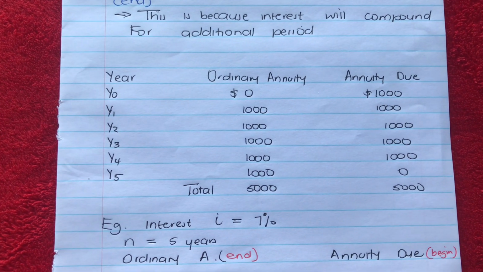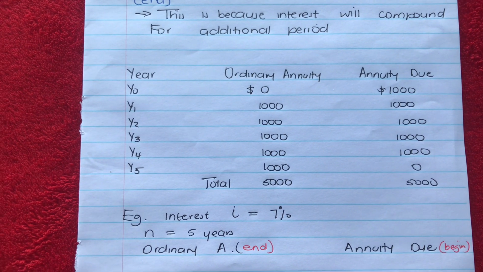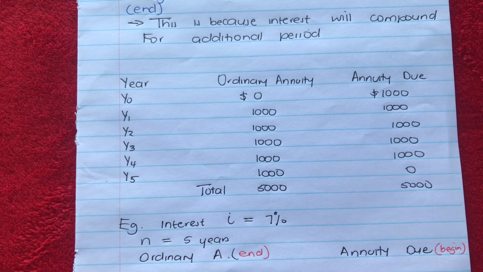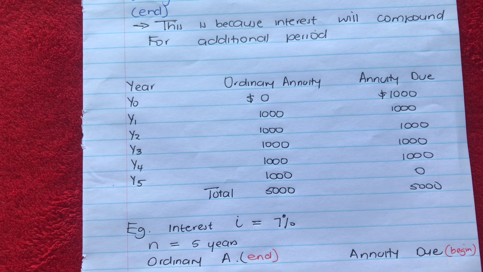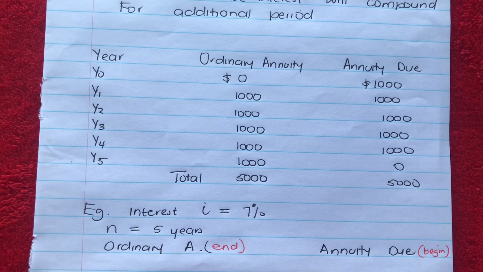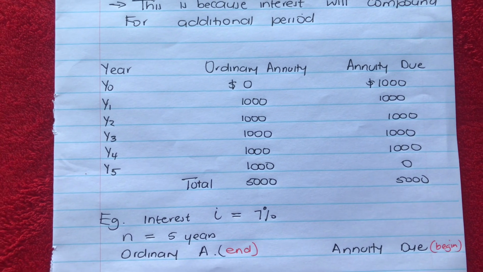But with the annuity due, you made a payment at the beginning of the year, so that $1,000 stayed for the whole period, from January up until December if we're making payments monthly. That $1,000, if it stayed for the whole year, is going to earn interest.